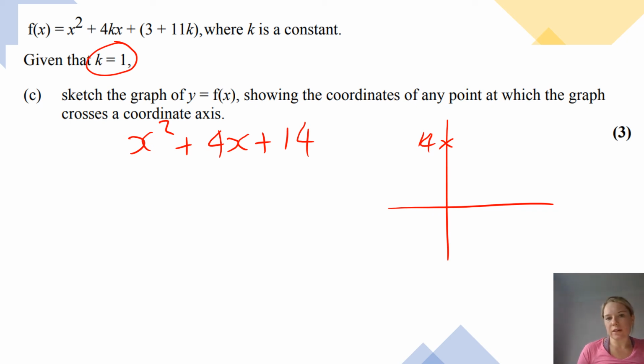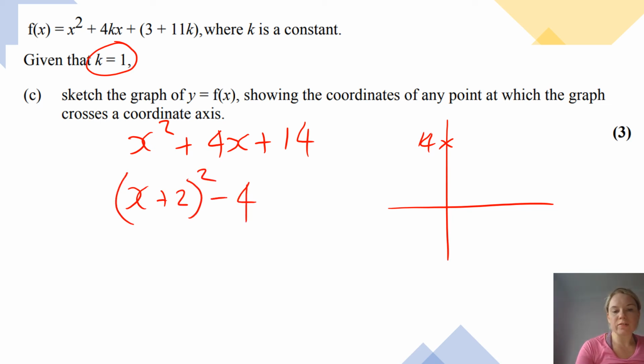So you have to think, well, okay, you can either use the quadratic formula, or I could use completing the square, and I'm going to use completing the square. So I halve my b value. You're minusing 4, you're minusing the square of that half b value, and then plus 14. x plus 2 squared minus 4 plus 14, you end up with plus 10.